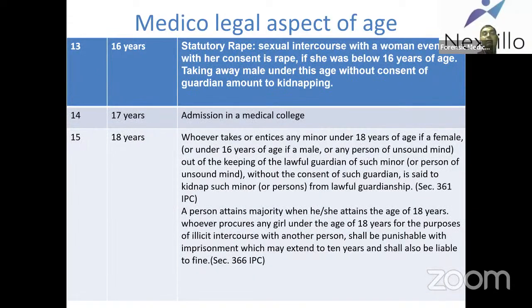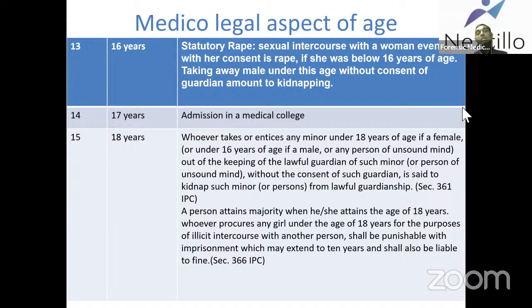16 years, again, is going to be very important from the statutory rape point of view. Sexual intercourse with a woman, even with her consent, is rape if she was below 16 years of age. Taking away a male under this age without the consent of the guardian is also an offence. So here, at 16 years, we have to understand two important aspects.